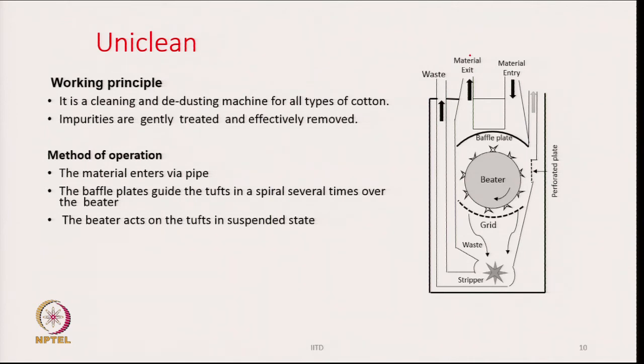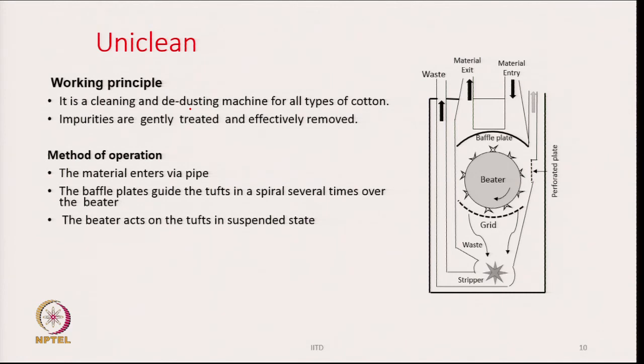So, the location of the exit and entry point of the tufts in the machines may also vary from manufacturer to manufacturer. It is a cleaning and dedusting machine for all types of cotton. Impurities are generally treated and effectively removed.